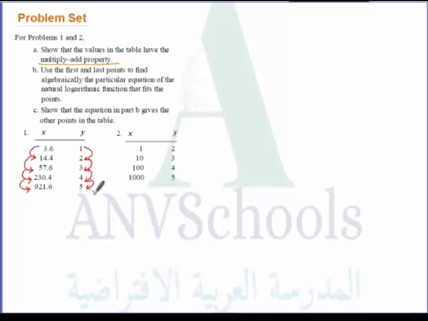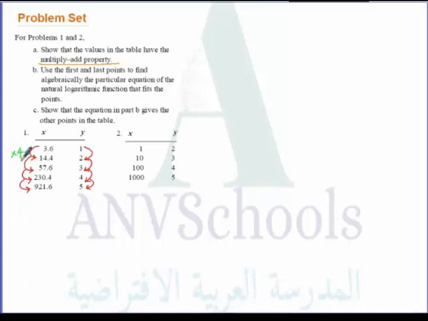For the left side, the x values, we have 3.6 going to 14.4. We could say that dividing 14.4 by 3.6 gives us 4. So this is multiplied by 4.